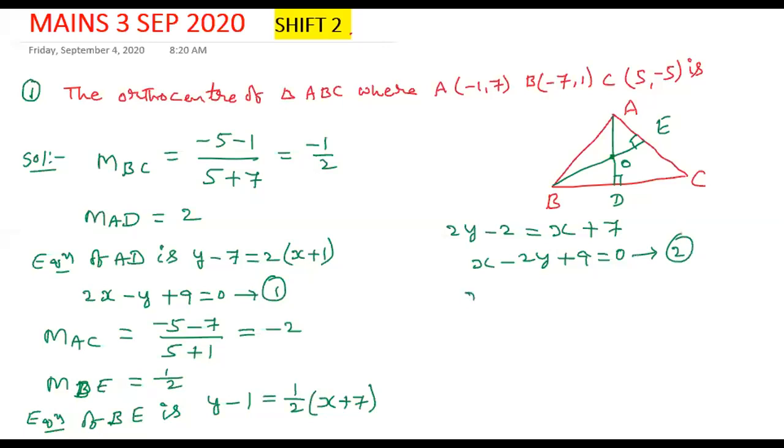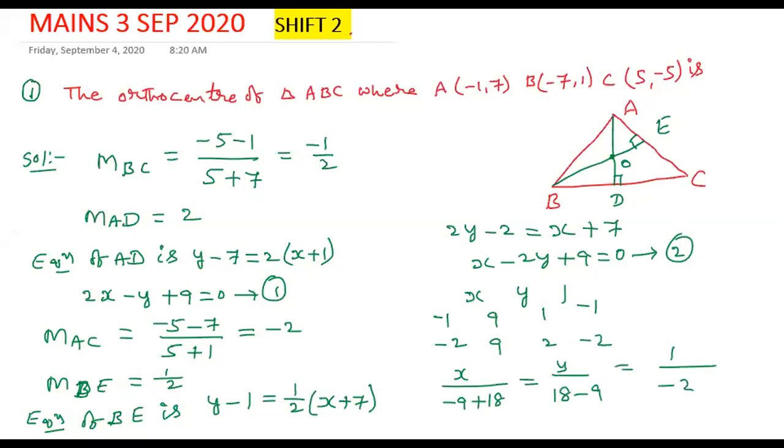Solve these two equations by using the cross multiplication method. So minus 1, minus 2, 9, 9, 1, 2, minus 1, minus 2. Now observe here: x divided by minus 9 plus 18 is equal to y divided by 18 minus 9, that is equal to 1 divided by minus 2 minus of minus plus 2.